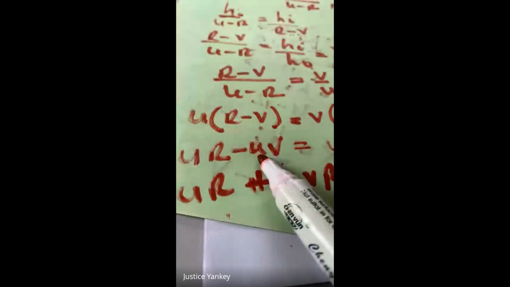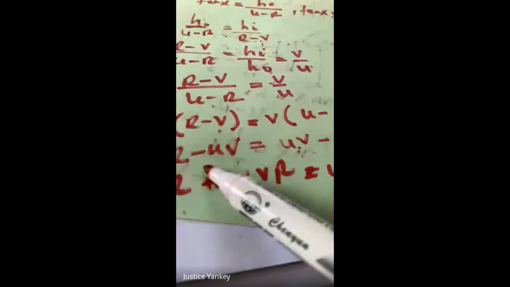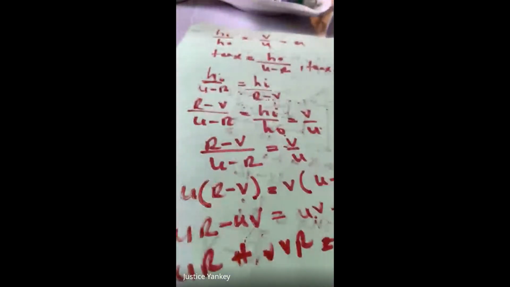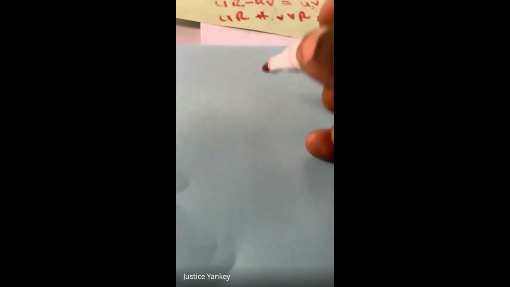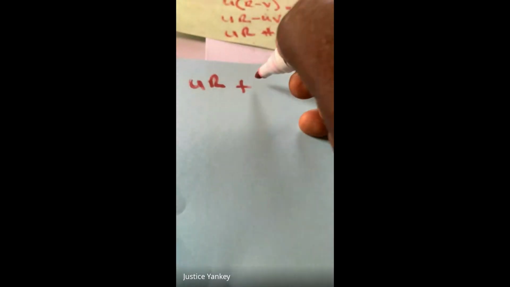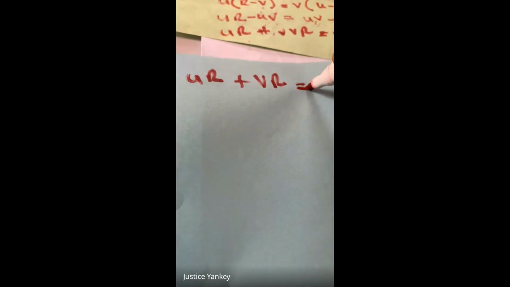I move this minus UV to this side, so that I have 2 UV, and move this minus VR to the other side. That will give me UR plus VR equals UV plus UV. So you are going to get UR plus VR equals 2 UV. That is UV plus UV is 2 UV.